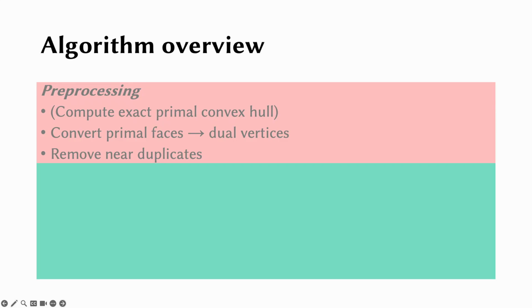You don't necessarily have to if you use exact libraries like CGAL to do the arithmetic, but if you don't want to, you could just zap the ones that are close to each other. And remember, two dual vertices that are really close to each other correspond to two faces that are essentially coplanar. So this is not really cheating or making it easier. It's just taking off things that should be eliminated anyway.